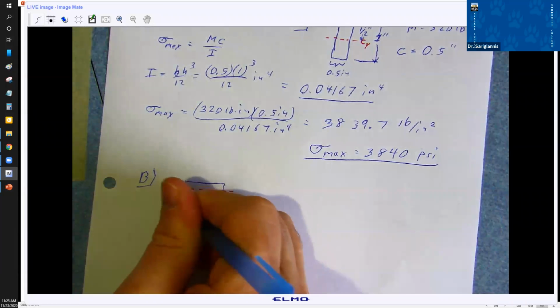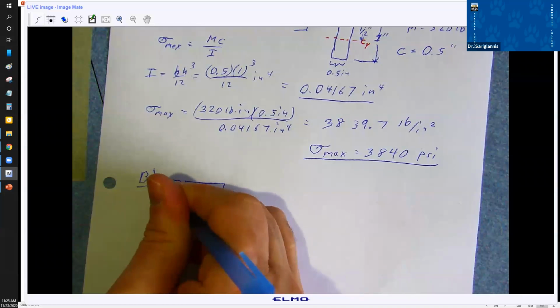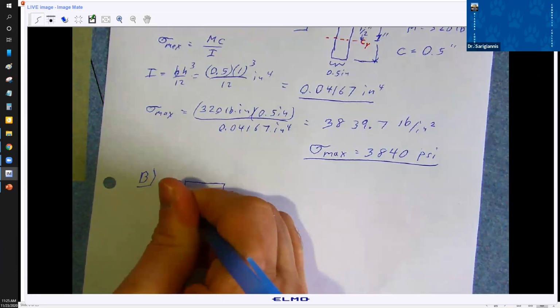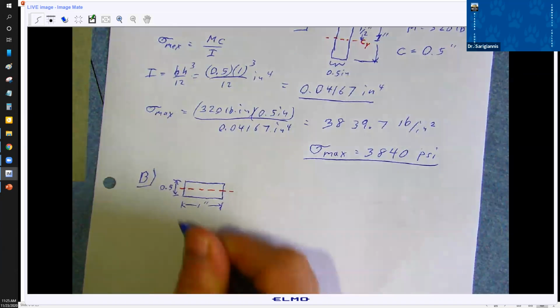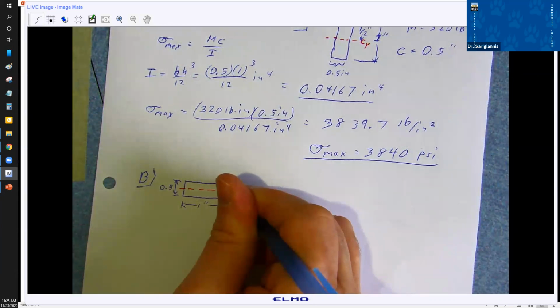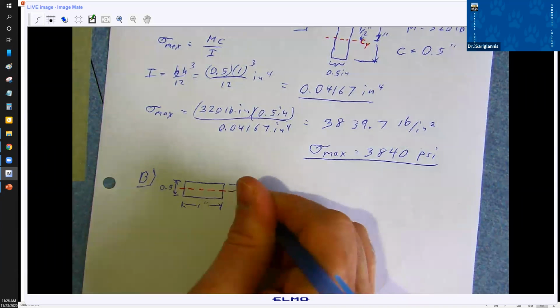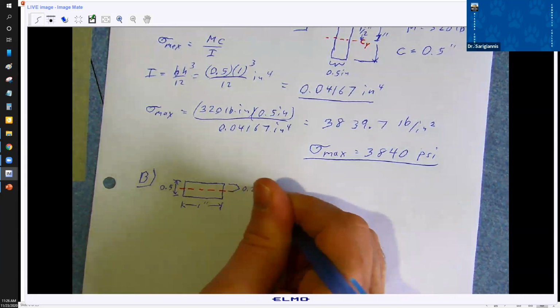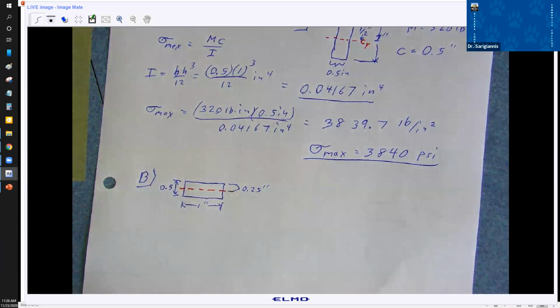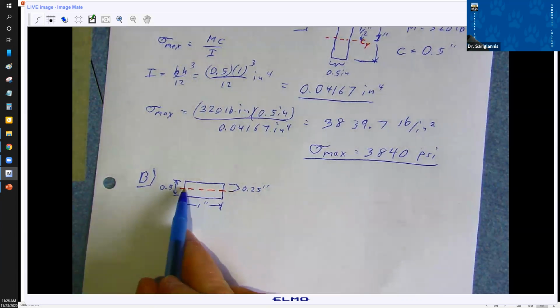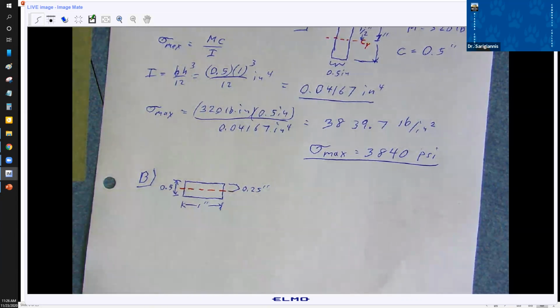Here we've got half an inch, but this distance here, 0.25 inches. So this is your new centroidal axis.